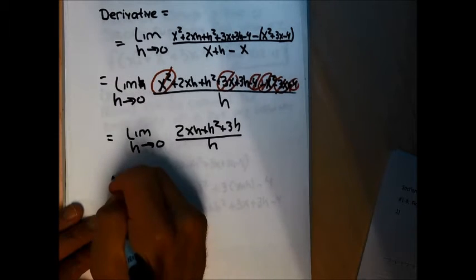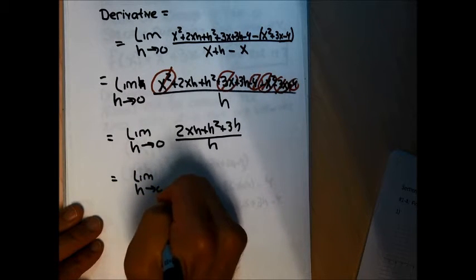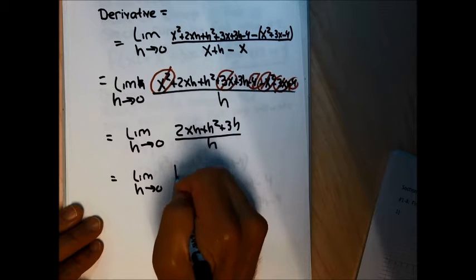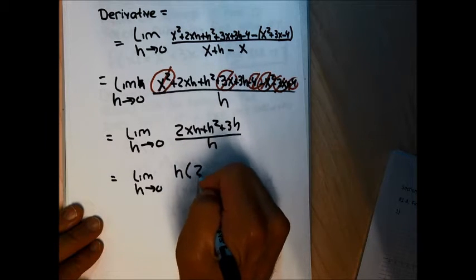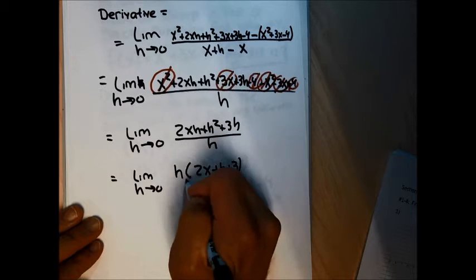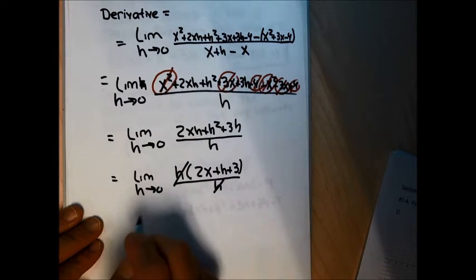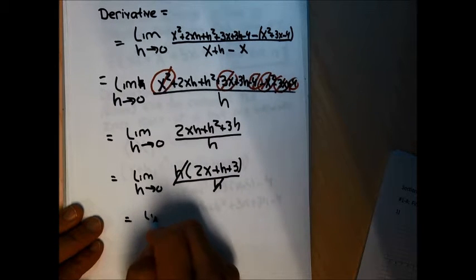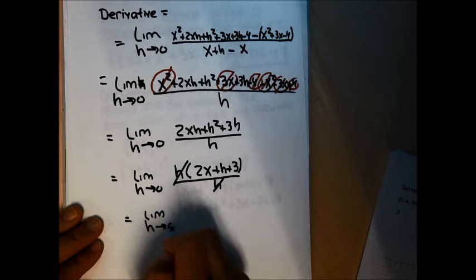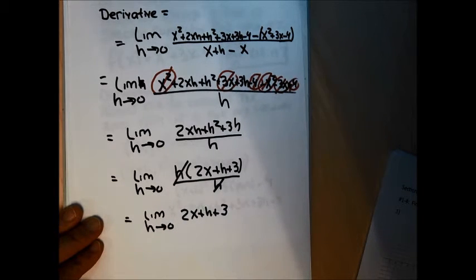I'm going to factor and cancel by pulling an h out as a common factor from the numerator. So I'm going to get h times 2x plus h plus 3 over h. Cancel out my h's, and I get the limit as h goes to 0 of 2x plus h plus 3.